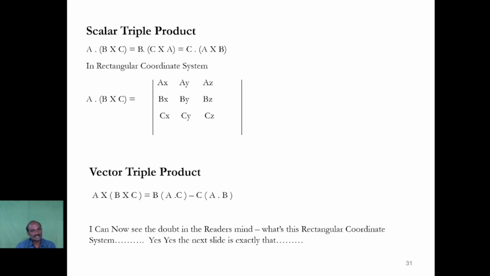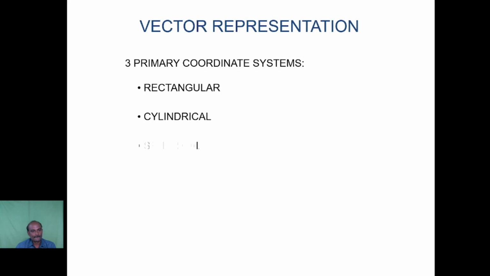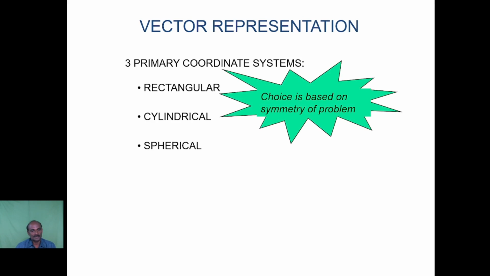Scalar triple product is a scalar, but vector triple product is a vector. For vector representation in electromagnetic fields, we have three coordinate systems: rectangular coordinate system, cylindrical coordinate system, and spherical coordinate system.